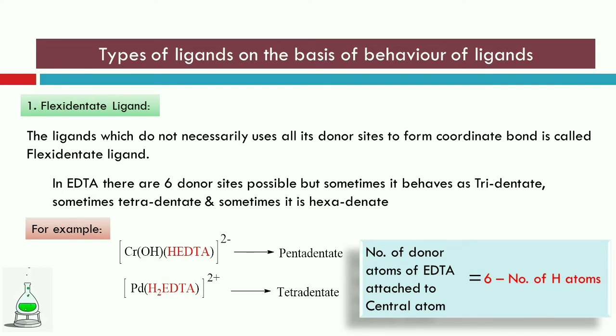In the first complex, the chromium complex, one hydrogen atom is there. So 6 minus 1 is 5. So EDTA behaves as pentadentate. And in the palladium complex, there are two hydrogen atoms with EDTA. So the denticity of EDTA is 6, and 6 minus 2 gives 4. It acts as a tetradentate ligand.